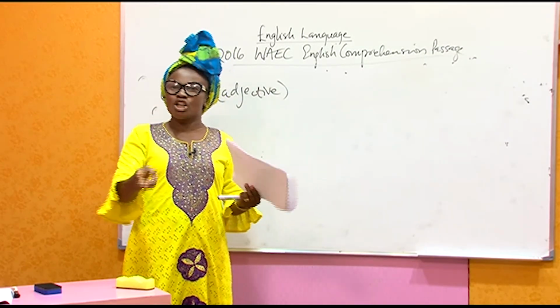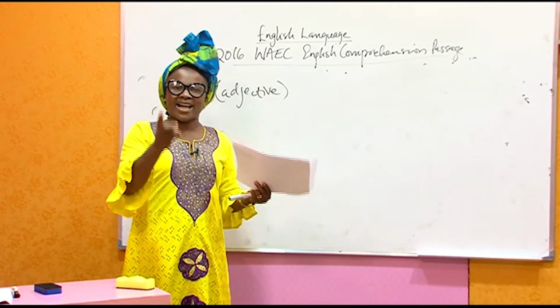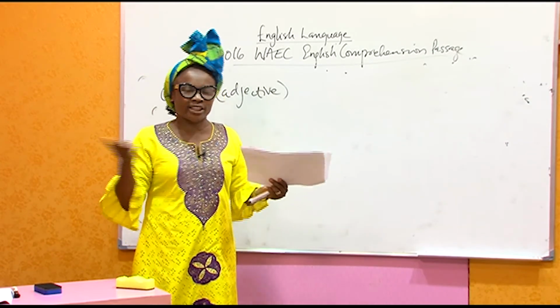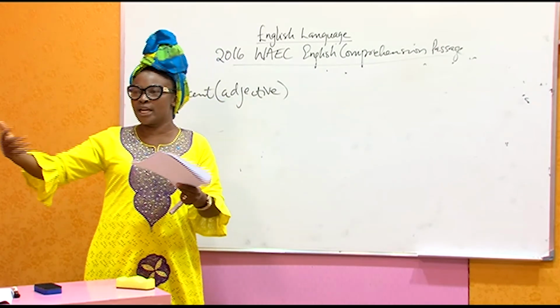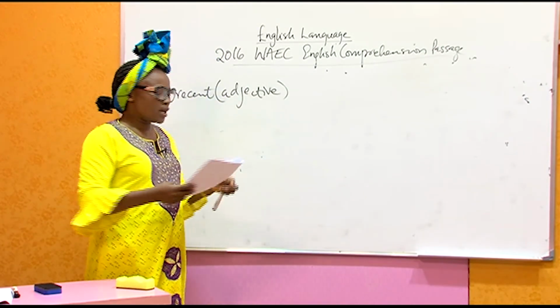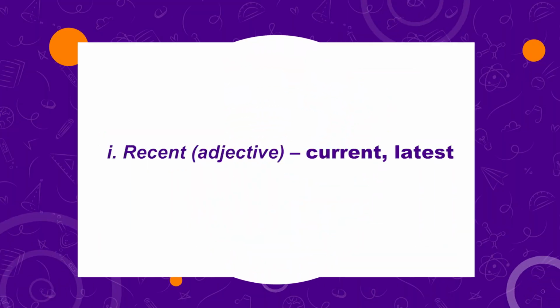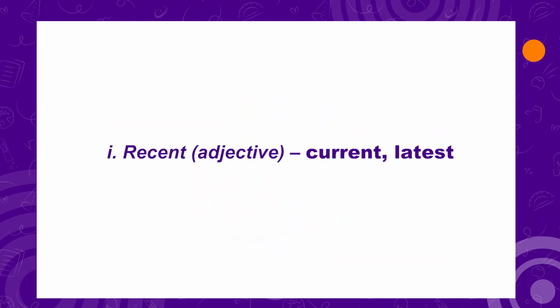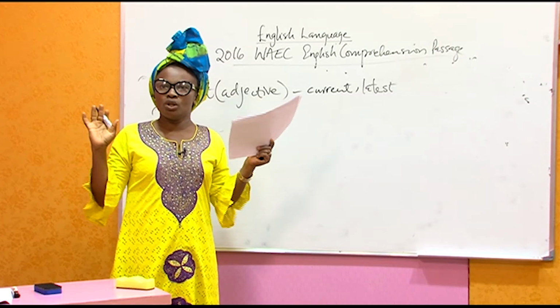You consider the collocation, the situation and the contextual meaning. You don't just look at it in isolation. You take the word and put it back into the passage where it was lifted from. So we have current or latest. But make sure that you pick only one. You replace with only one. If you pick more than one, you will lose the mark.